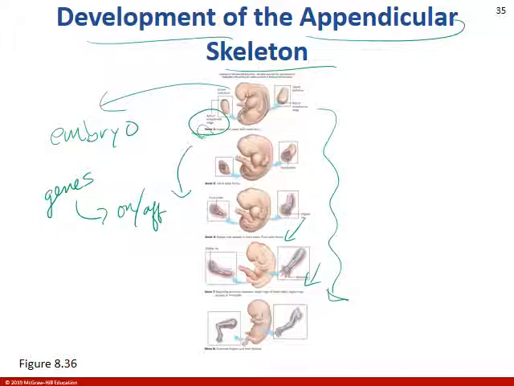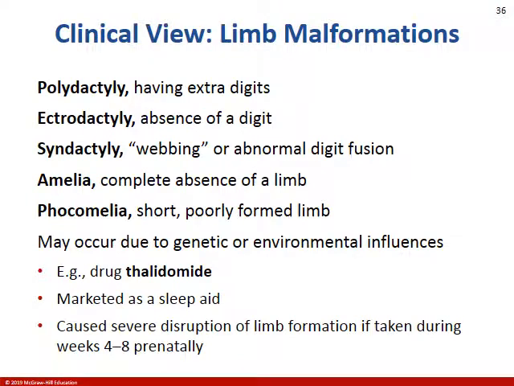And this is all through signaling in utero. So as you're growing in mom's womb, these genes are being turned on and off at different times to develop these human appendages.